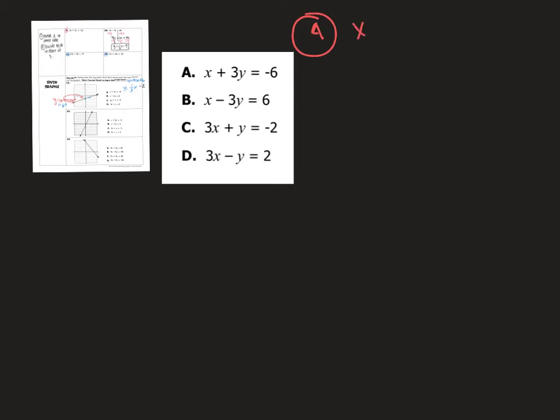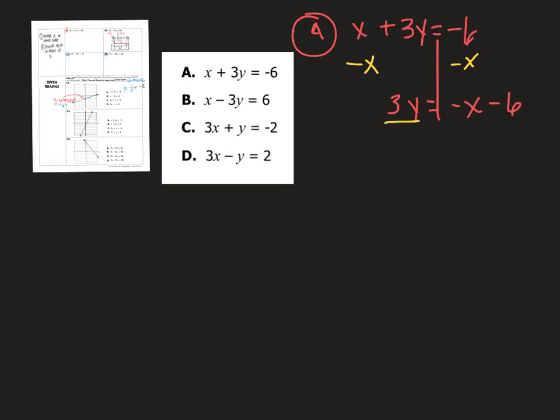A, we have x plus 3y equals -6. In order to get y by itself, we need to subtract x from both sides, and we would get 3y equals -x minus 6.